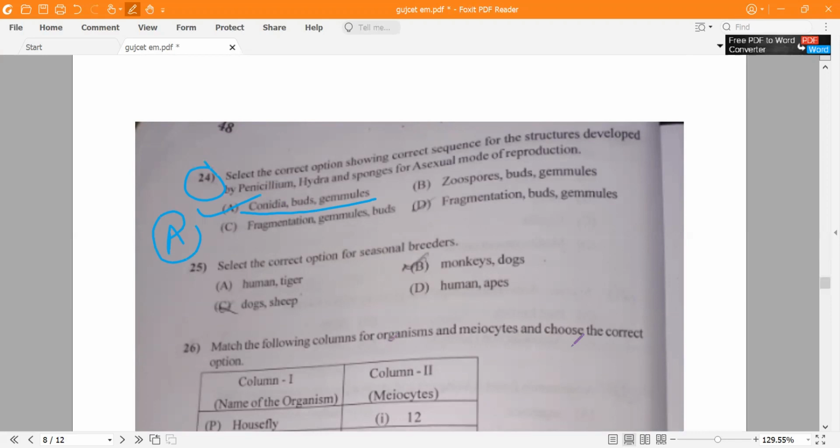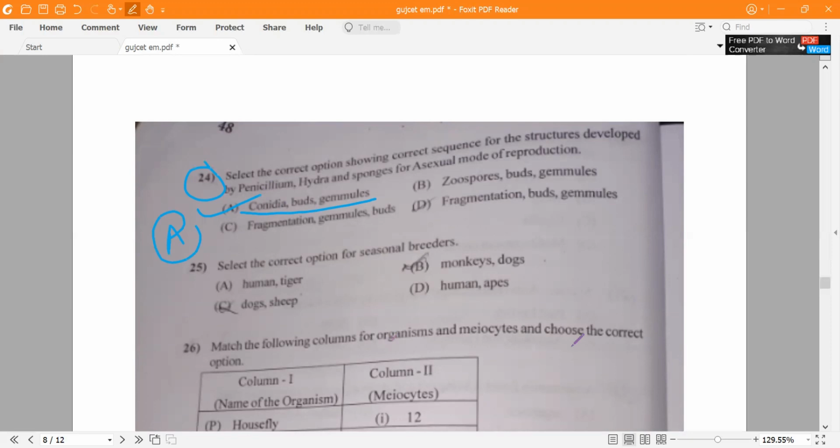And they ask about examples of seasonal breeders. There are two types of animals: animals can be continuous breeders or seasonal breeders.